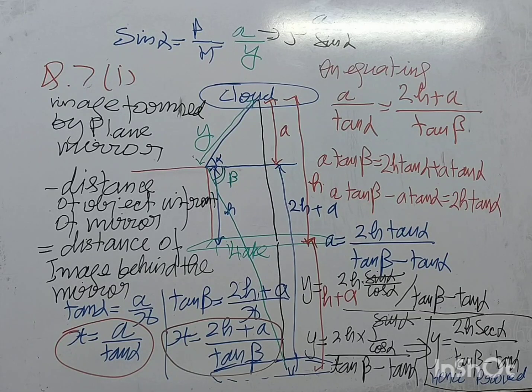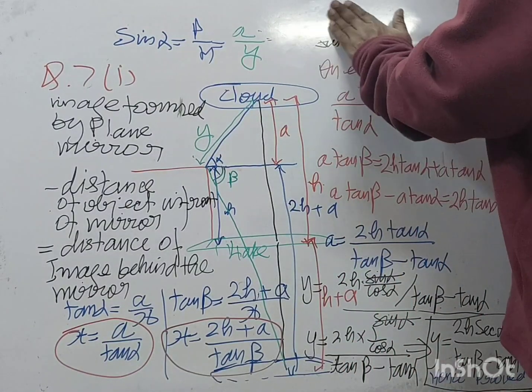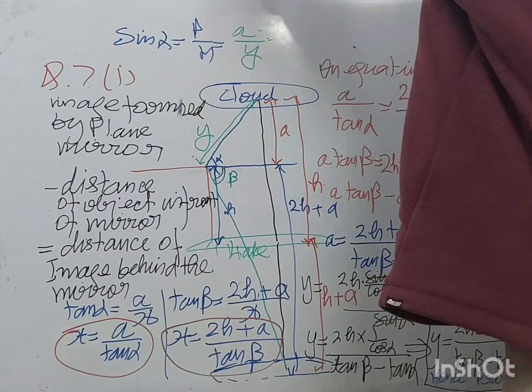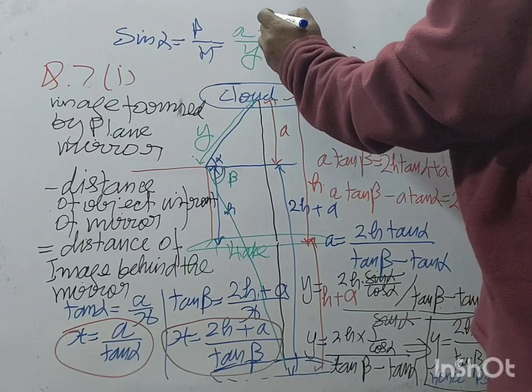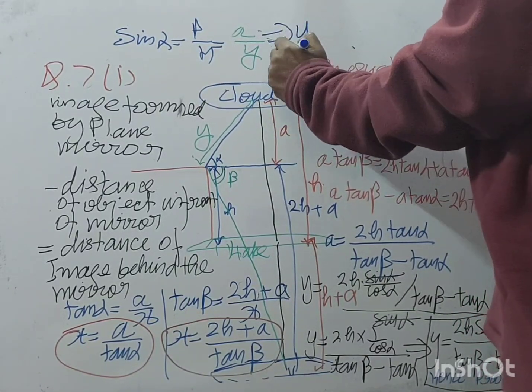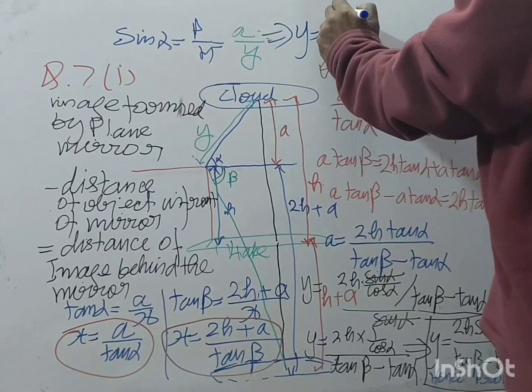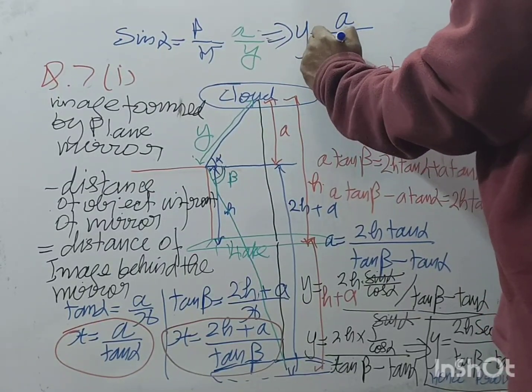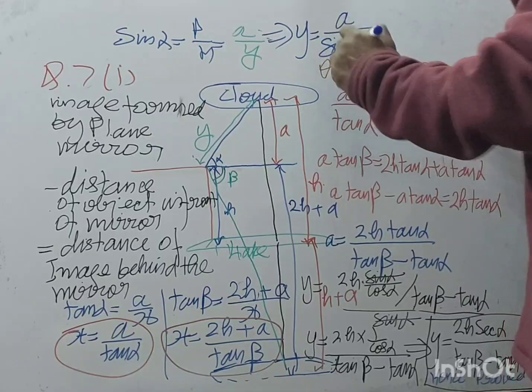Anything I wrote wrong? We can write here y is equal to A upon sine alpha, right?